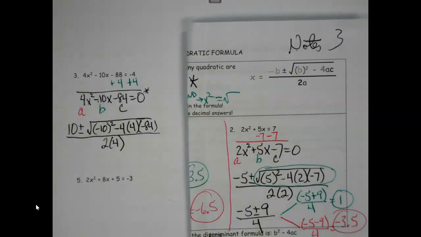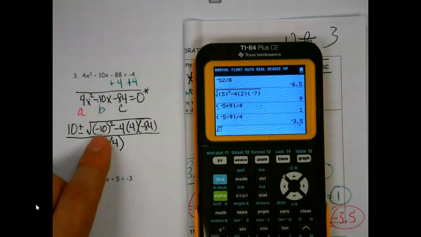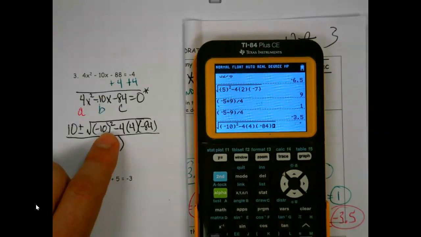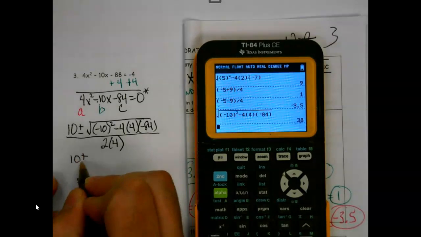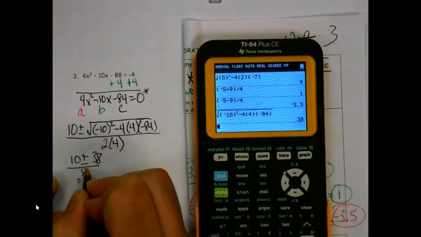We know the drill at this point. Get my calculator out. Exactly as I see it: 10 squared minus 4 times 4 times negative 84. Okay, that comes out to 38. So 10 plus or minus 38 over 8.